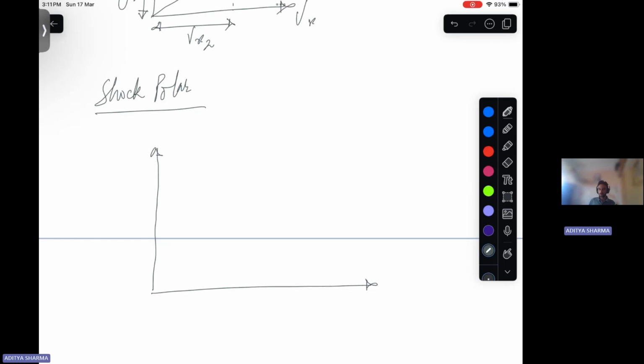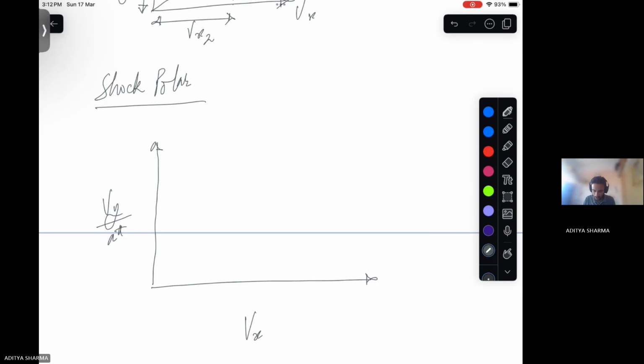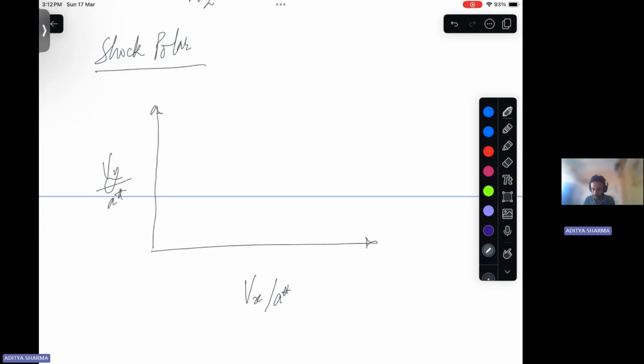In that case, we get different scenarios. What we are doing is keeping the Mach number the same, but changing the deflection values. I'll just put it like this, because it includes locus terminology. So we shall see how it looks. It is something like this.